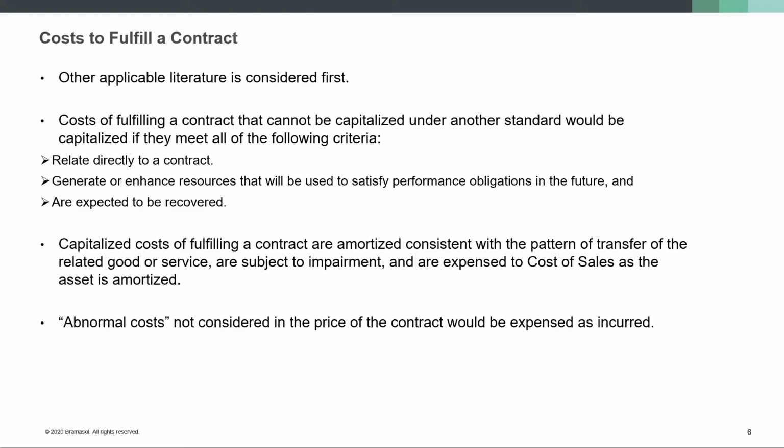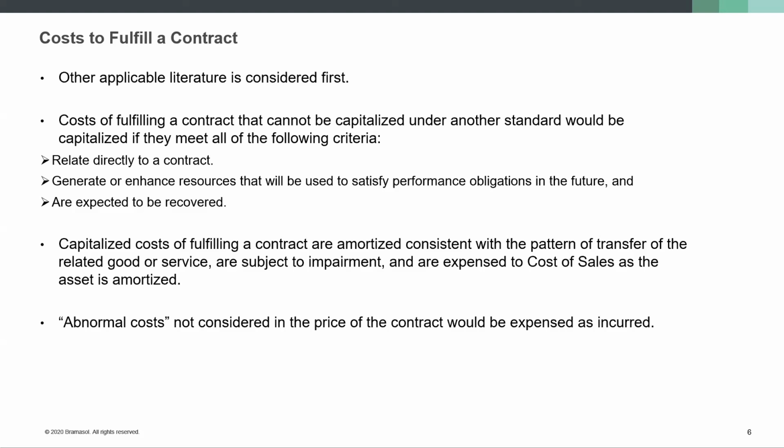Guidance says that you actually first look at, is this cost able to be capitalized under a fixed asset concept? So you always go to fixed assets first. Is it capitalizable? If the answer is no, then you go back to the 606 guidance, which says if it's related directly to a contract, if it's going to generate or enhance my resources and they're expected to be recovered.